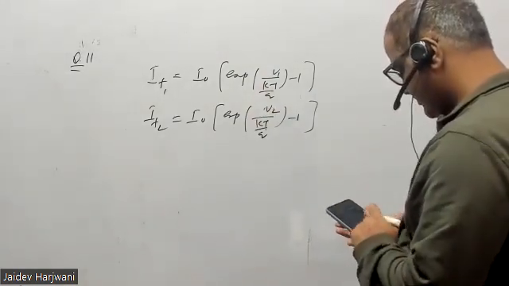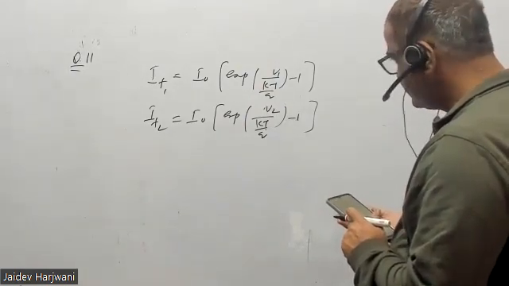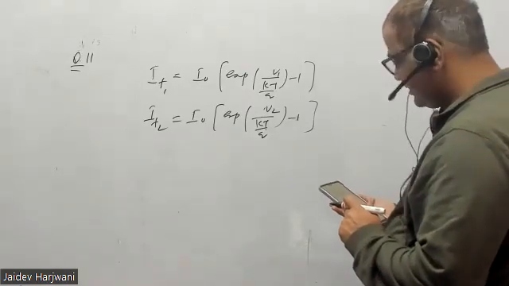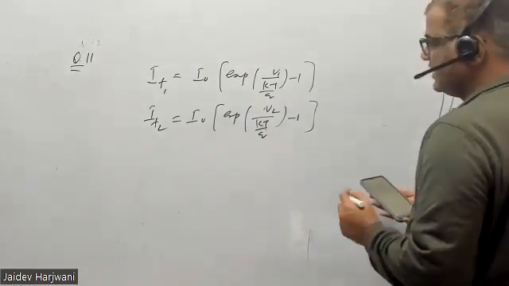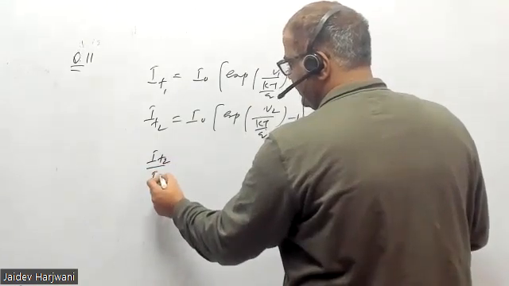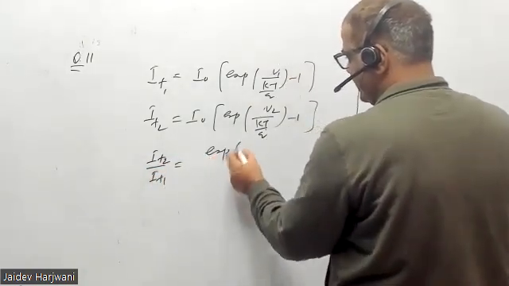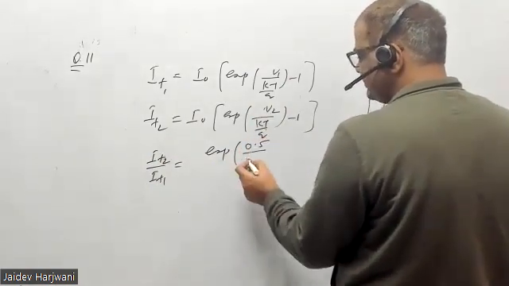So you just have to put the values and solve this one. KT is given as 25 electron volt, then you can solve it. Charge, okay, so just solve it. You want IF2, IF1 will be equal to what? Exponential. Okay, this voltage is given 0.5 volt, and you just solve this one.